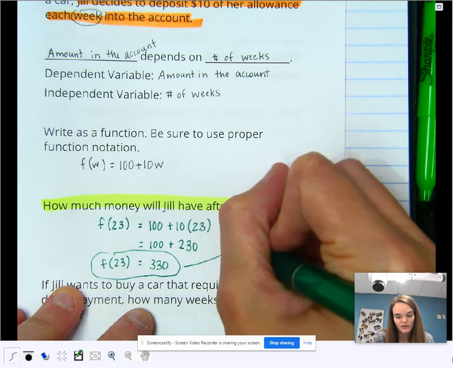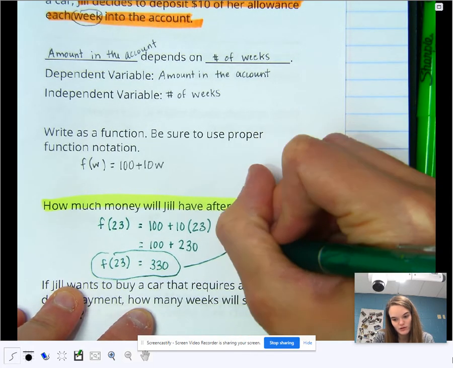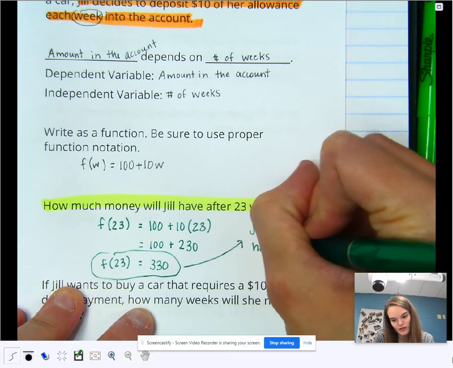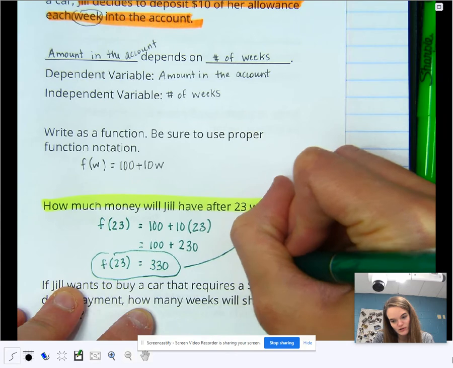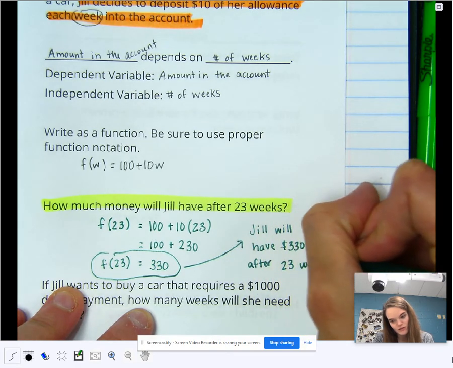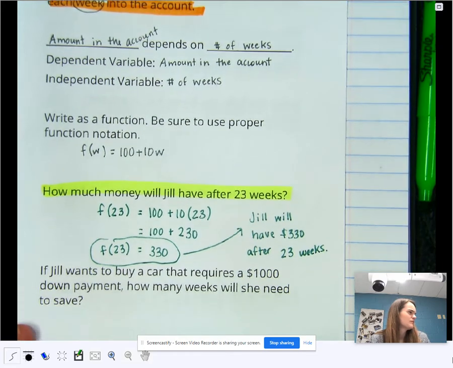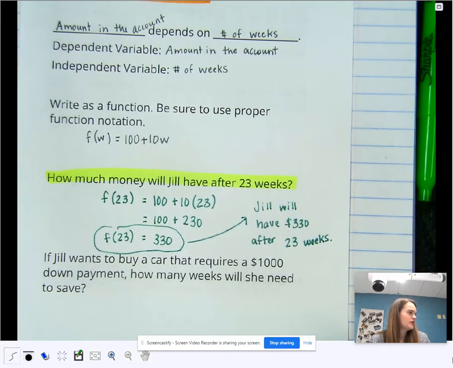We might need to write a sentence too. Jill will have $330 after 23 weeks. Okay. Now let's look at the next part.